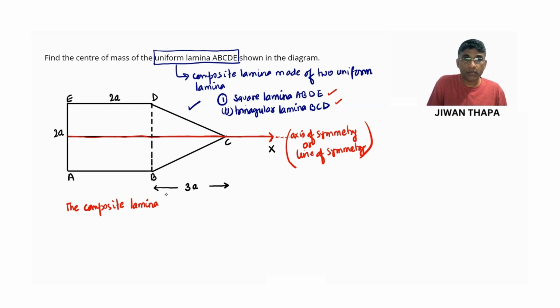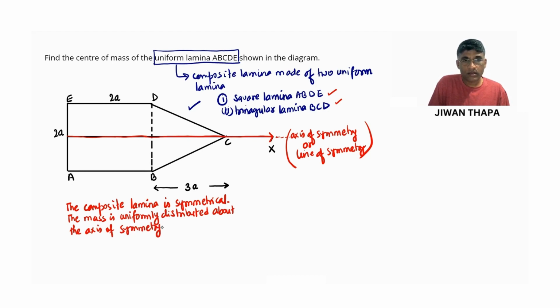So the composite lamina is symmetrical about the axis of symmetry, so the mass is uniformly distributed about the axis of symmetry.